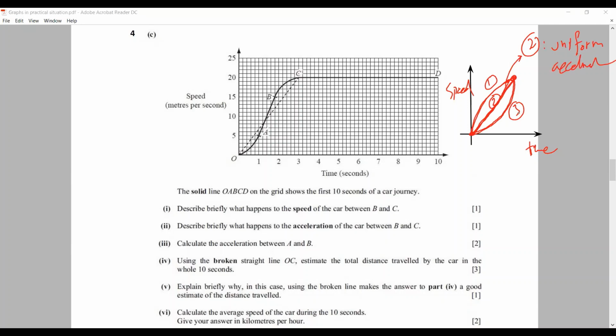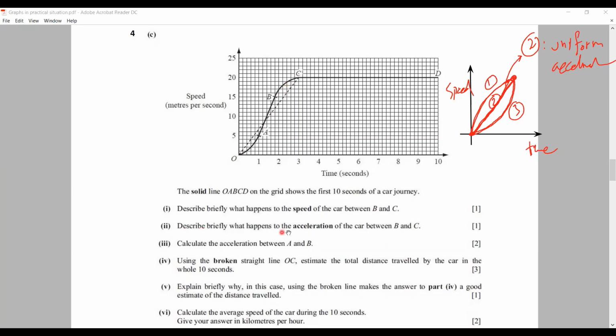And for 1 and 3, we have acceleration, but it's not uniform. So you need to know that the speed is increasing. Either one of these 3, the speed is increasing, so we have acceleration. It's not really slowing down. Between B and C, the speed is increasing. So that carries 1 mark. You just have to say the speed is increasing.